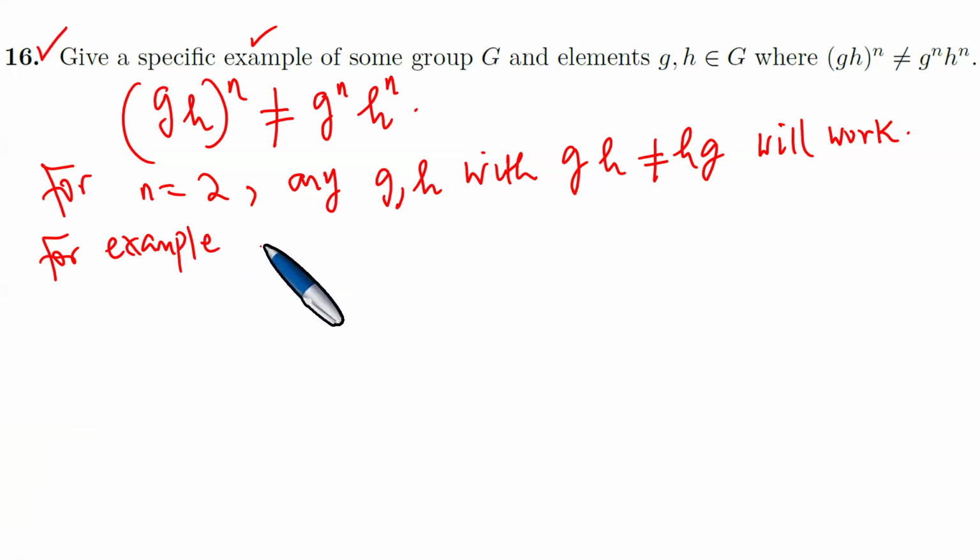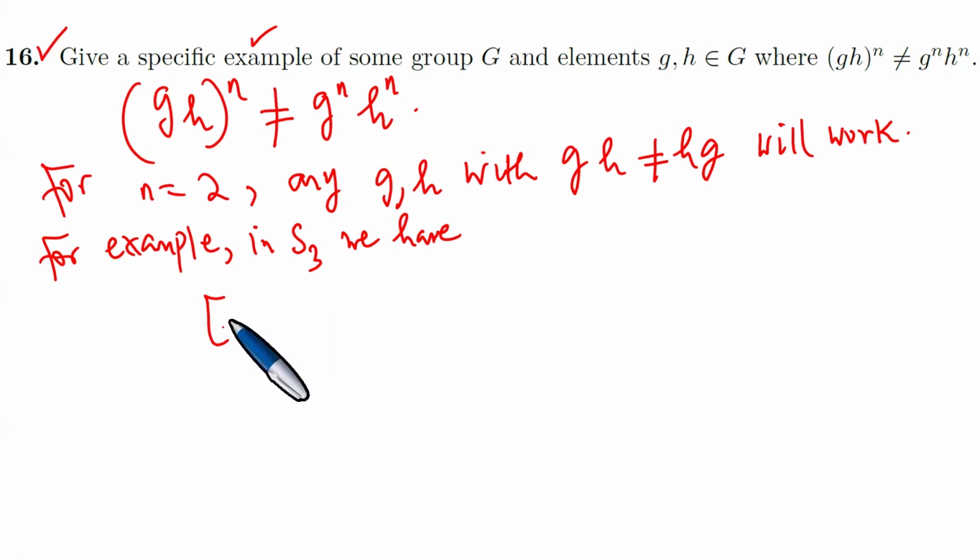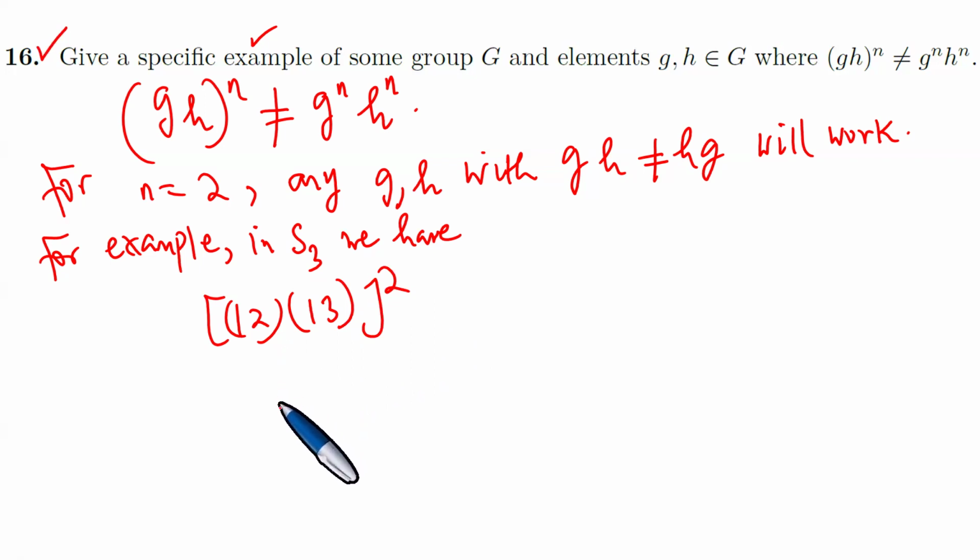For example, in S3, right, in the symmetric group on 3 symbols, we have, for example, that if we work with (1 2)(1 3), and you square this. And now let us first find the results that you get when you square this.